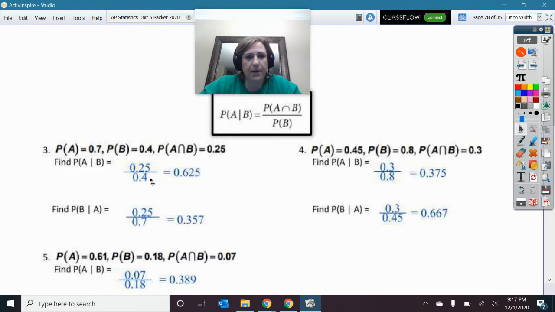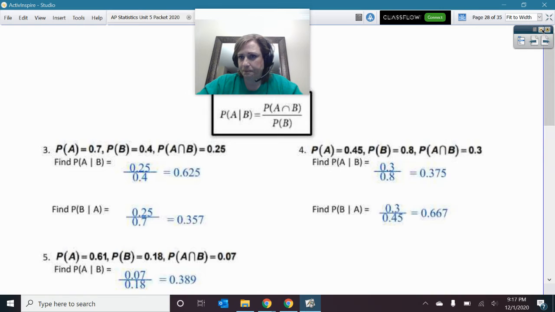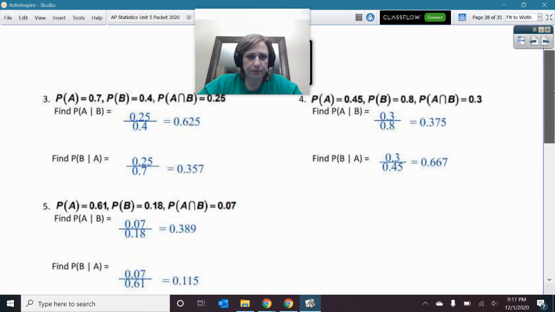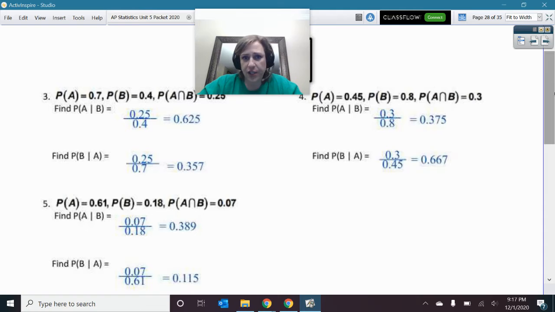The probability of B on the bottom, so the 0.4, and the A and B on top. I'm not going to go into these. These are really just filling in the formula. So hopefully, 0.8 on the bottom, A and B on top. This one has the A on the bottom, so the 0.45 on the bottom with the 0.3 on the top. All right, so check those. Hopefully you can just fill in formulas.